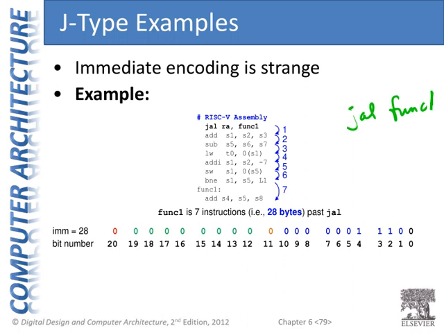That just means there is no destination register, no register is written. Really, it's like saying jump and link X0 func1. It tries to write to register 0, but we know that register 0 is hardwired to 32 bits of 0.